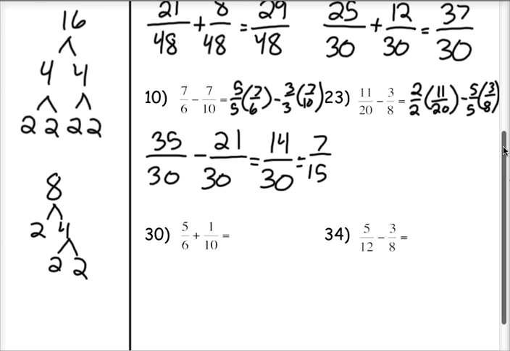So the first fraction turns into 22 over 40. The second fraction turns into 15 over 40. Now again, when we actually do our subtraction, 22 minus 15, well, that's going to leave us with 7. Now remember, the denominator ends up not changing.